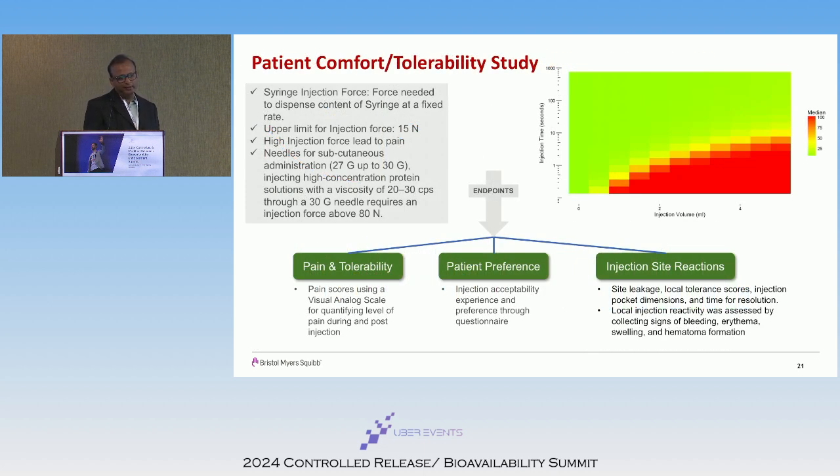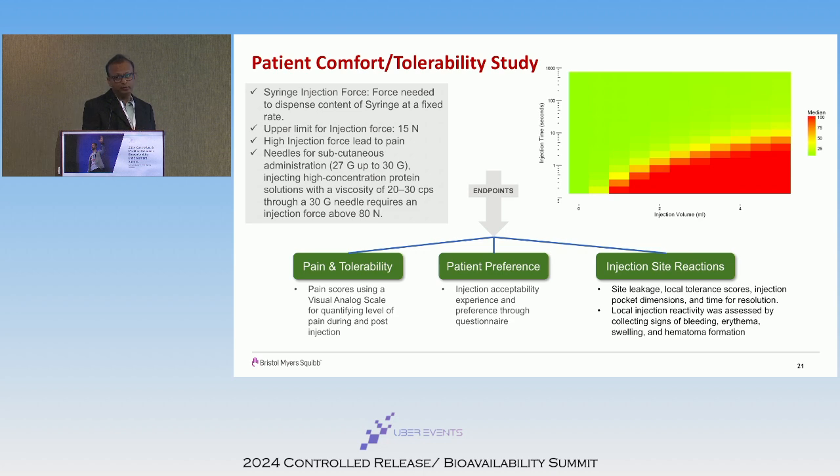This is a heat curve. The syringe injection force is also important, which is directly proportional to the viscosity. If the viscosity goes high, this impacts the syringeability and the force needed to administer. As a rule of thumb, the upper limit of the injection force is around 10 to 15 Newton, but this is just an example here.